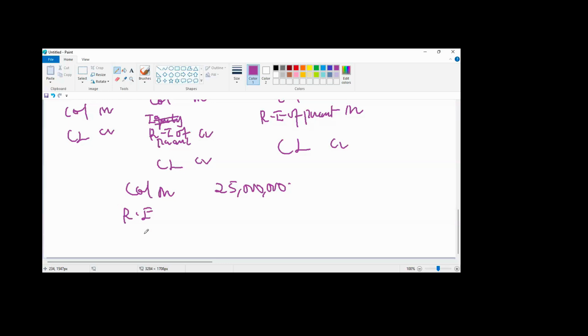So retained earnings of the parent will be credited with 3 million. Then my liability credited with 22 million. That's all.